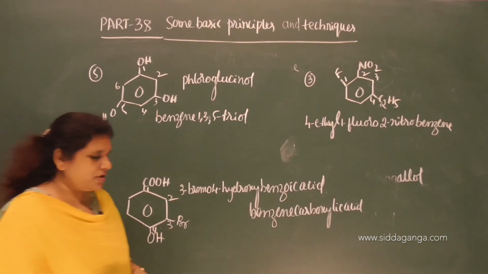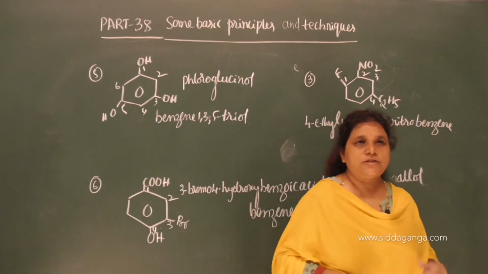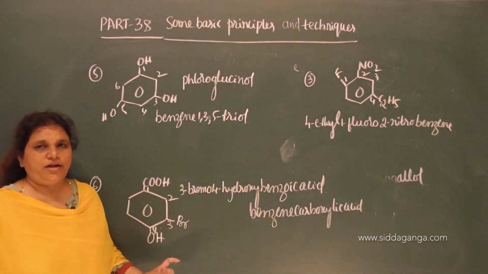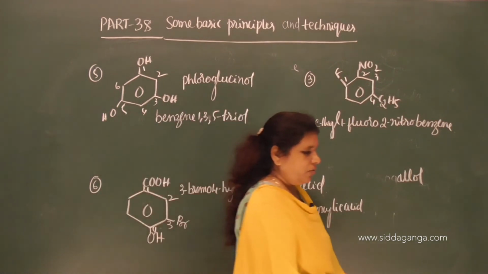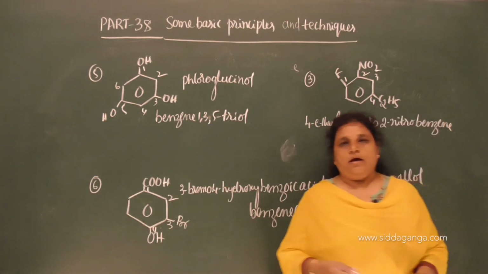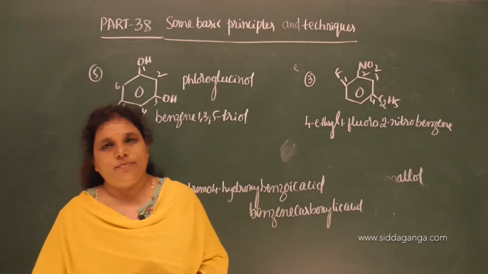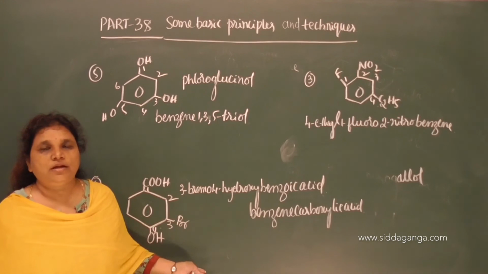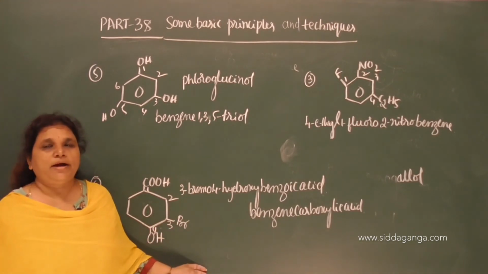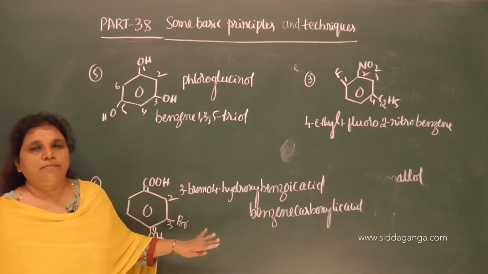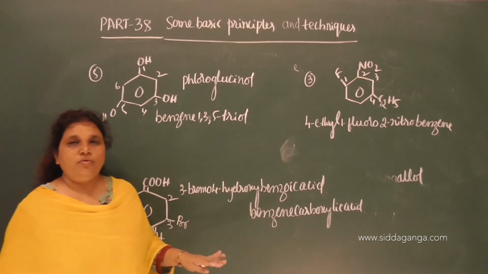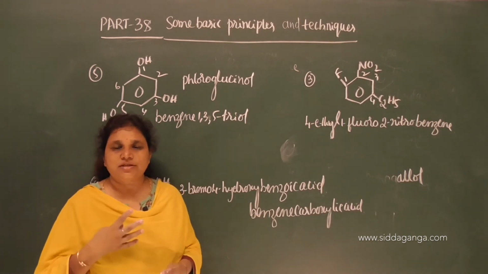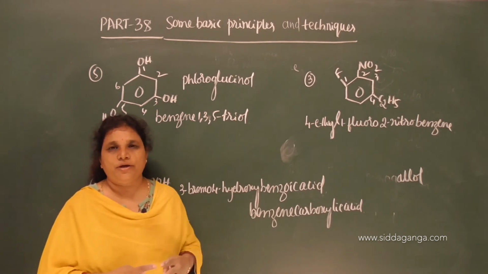So this is about the naming of monosubstituted, disubstituted and polysubstituted benzene. So the naming of aliphatic compounds, substituted, monofunctional, polyfunctional, bifunctional, alicyclic compounds and aromatic compounds, all the nomenclature is completed here. And now we need to consider how to write the structural formula for a given IUPAC name.